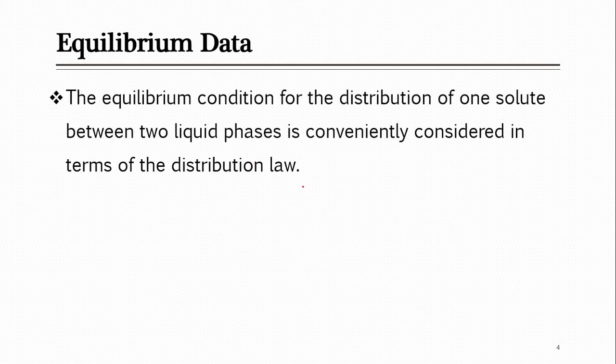Equilibrium condition for distribution of one solute between two liquid phases is conveniently considered in terms of the distribution law. What does this mean? When you look at any liquid extraction system, you remember there was a feed, and in the feed we consider one carrier or solvent which is carrying another solute, also a liquid but in small amount.